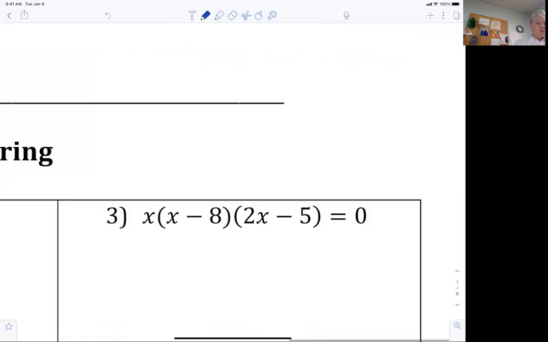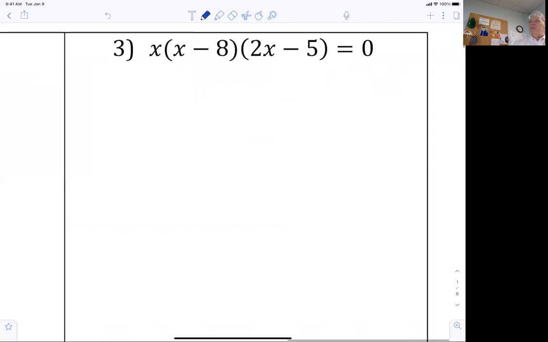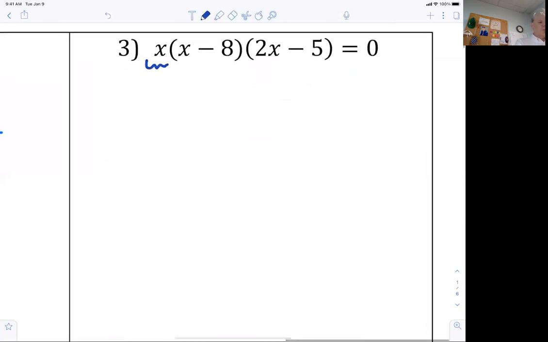So this has already been factored for us. How many factors are there here? Good. There are 3 factors. 1, 2, there are 3 factors. So if those equal 0, that means one of those 3 factors has to equal 0.